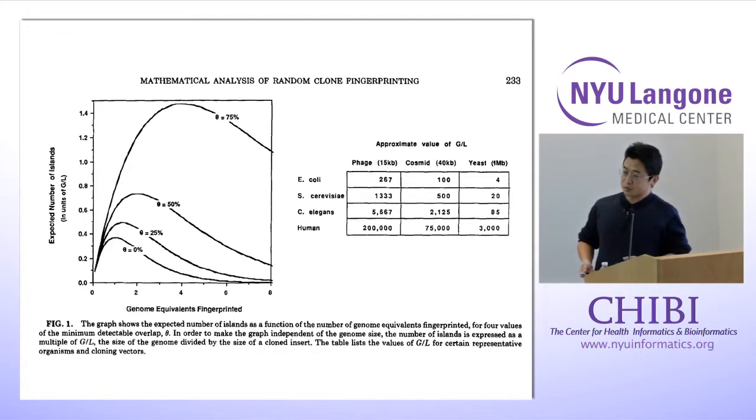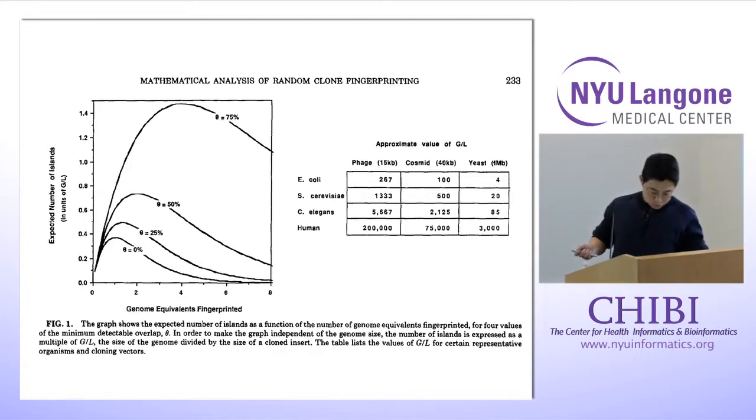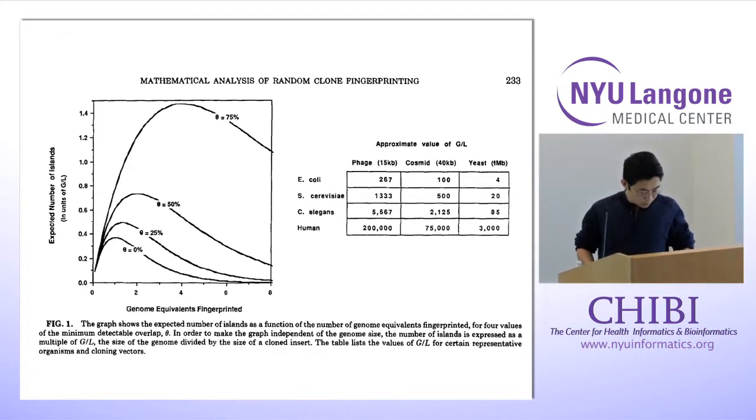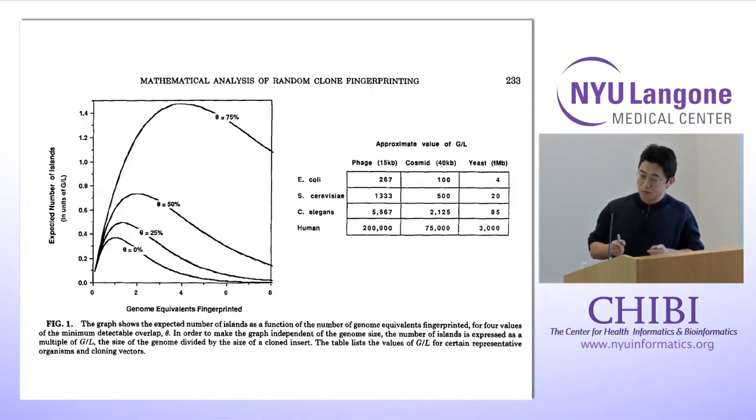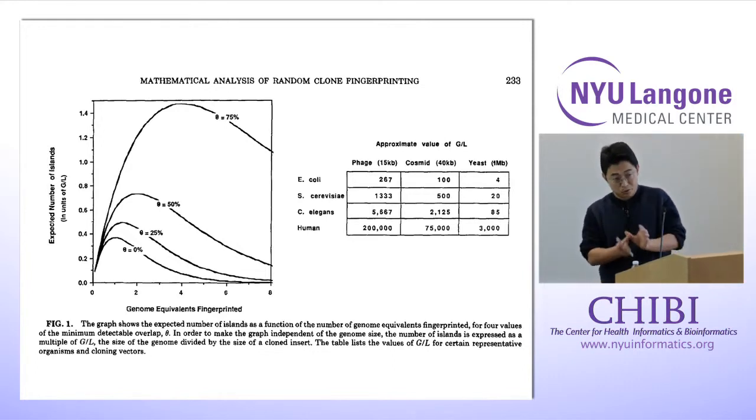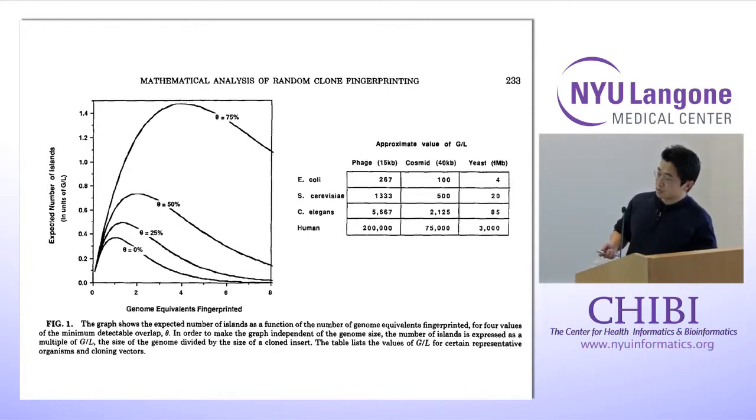This is the first publication, titled Mathematical Analysis of Random Clone Fingerprinting. They investigated the problem of physical mapping, the relationship between the number of clones, the length of the clone, and how many contigs, how many islands, you will get.